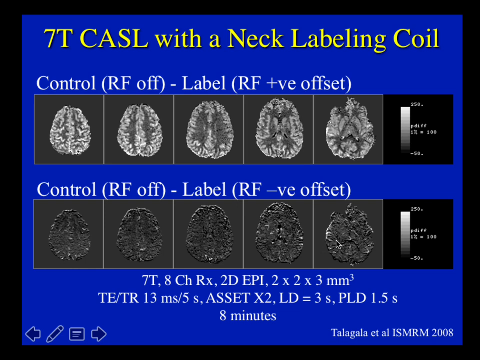That was the purpose of the experiment, because by offsetting the RF frequency, we expected not to see any signal, and that confirms that the images on the top are actually due to blood flow and not due to some artifact. So all the signal here is definitely coming from the tagging of the blood rather than any other effects.